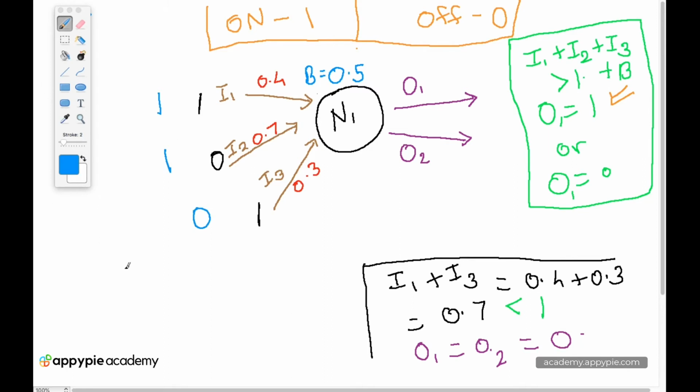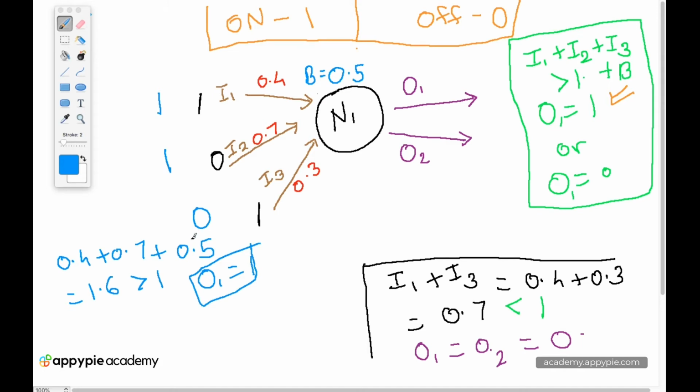So now the input basically is 0.4 plus 0.7 plus now we also have the bias. So this comes out to be 1.6, which is greater than 1, and therefore the output is equal to 1. So in this case the neuron is actually firing.